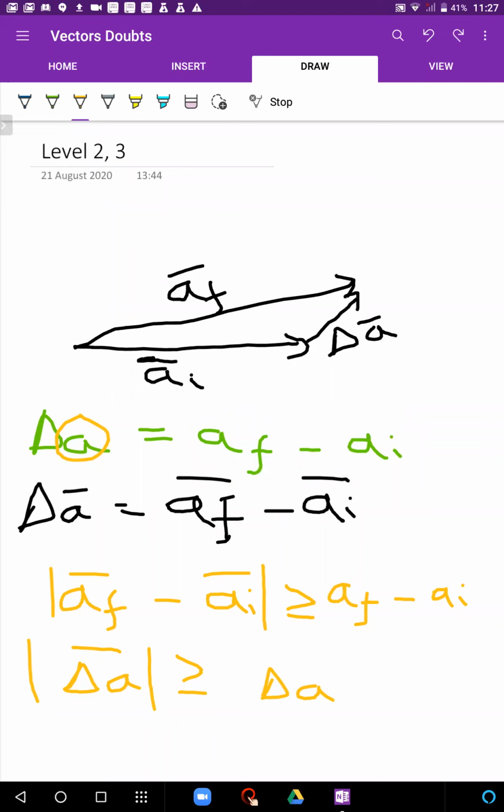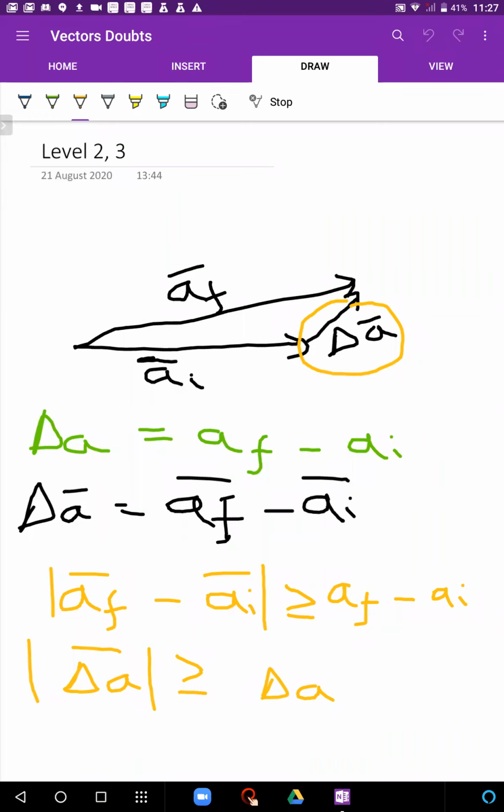Now, we know that this vector, सही लिखा है ना?